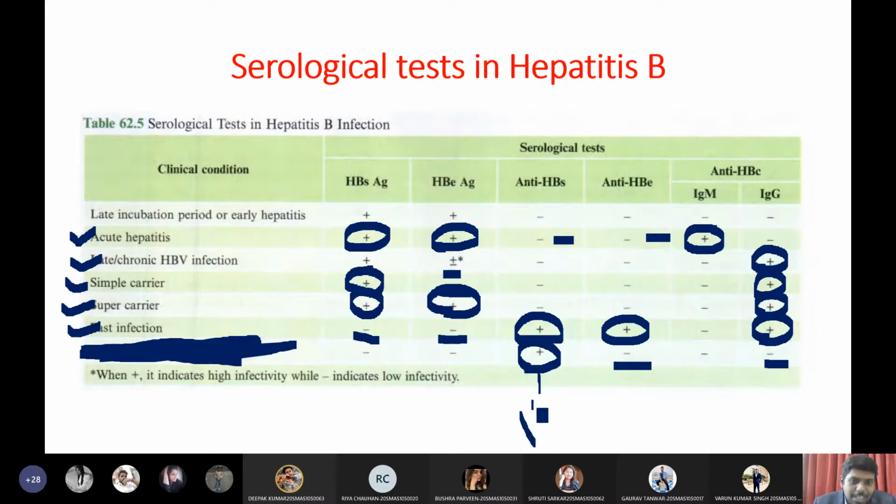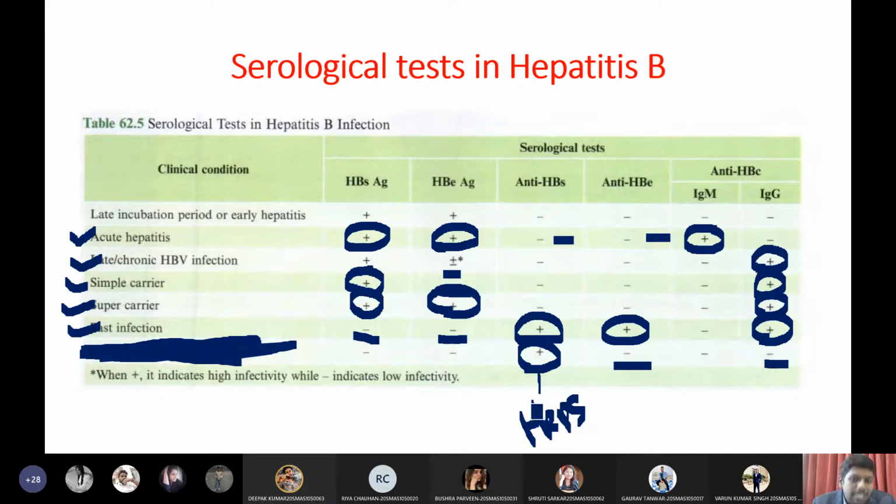Keep in mind, all hepatitis vaccine we are giving is a surface antigen only. We are giving surface antigen as a vaccine candidate. That is why this patient developed surface antibodies even though he didn't get any infection.